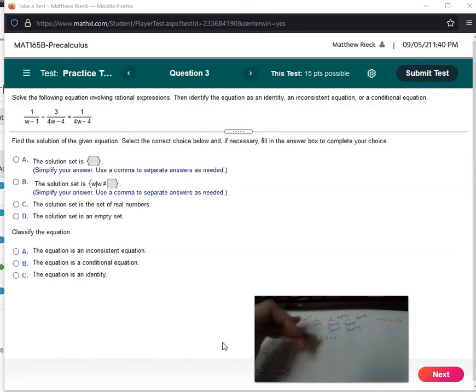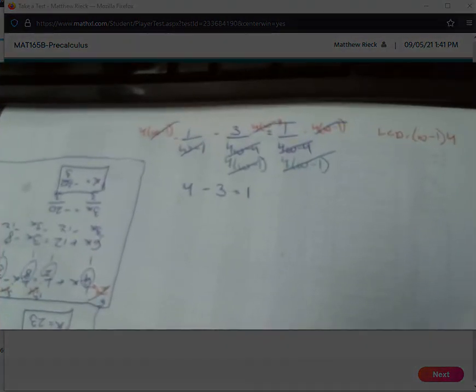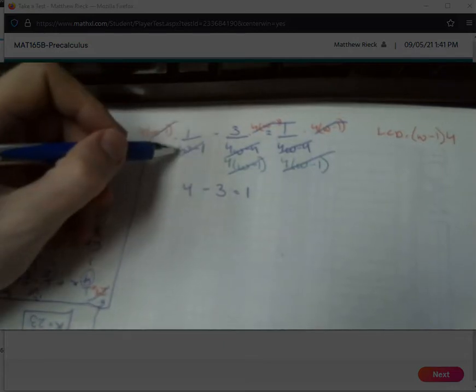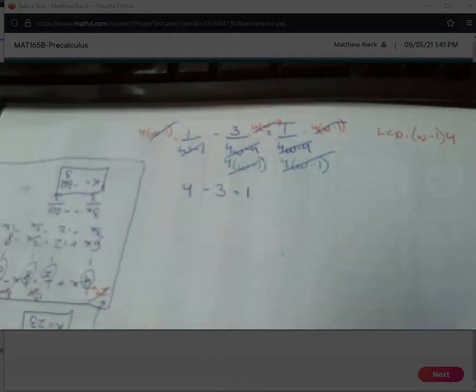So as you're solving this, once you get to the point where you have a true statement, where you have the same thing on both sides of the equal sign, that's what's known as an identity. So in this case, this equation is an identity. And the solution set generally for an identity would be all real numbers. However, especially when dealing with rational equations, we need to make sure that we don't divide by 0.